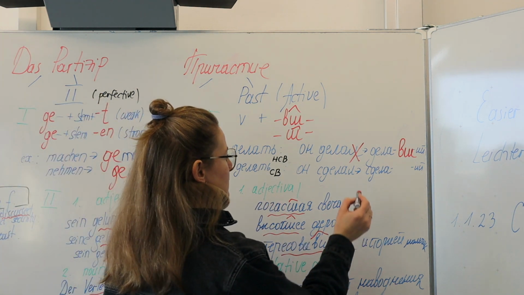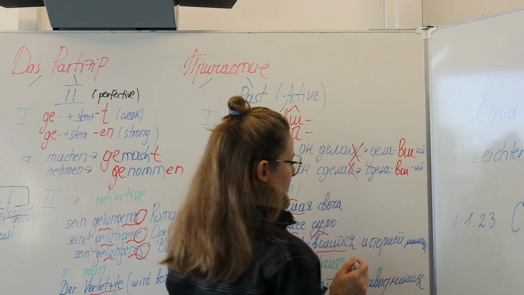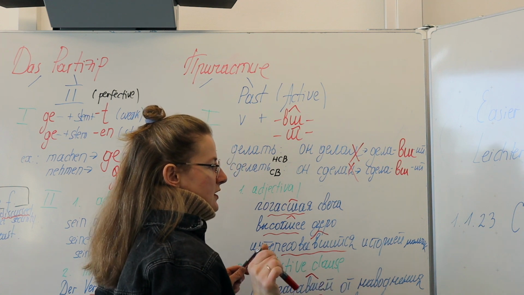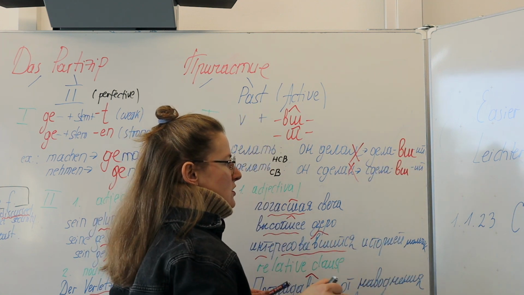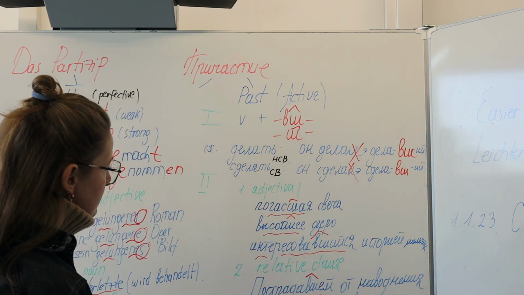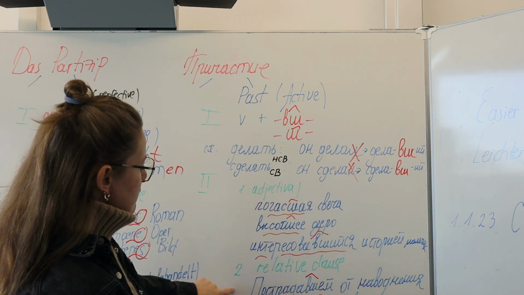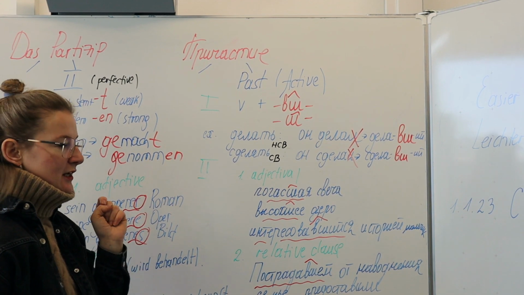Он сделал, сделавший. Okay, this form focuses on the process, and that one focuses on the result. Okay, it's over. Done.